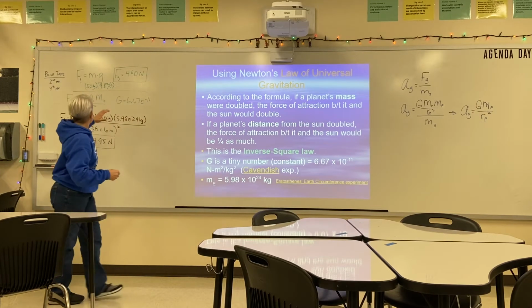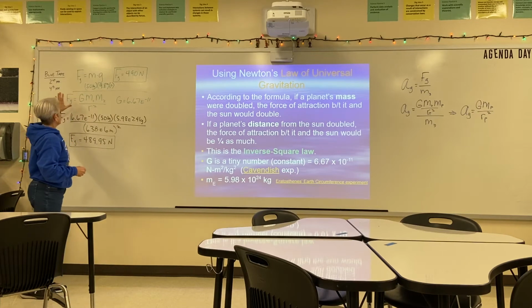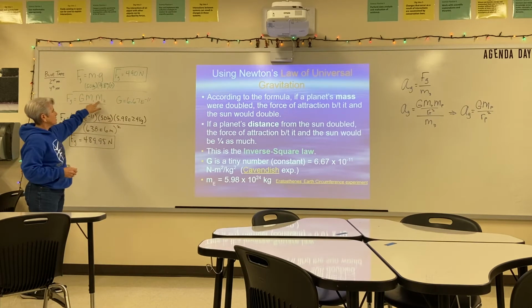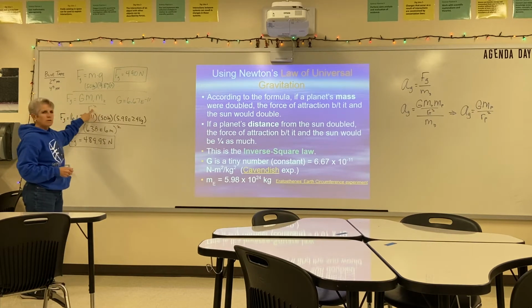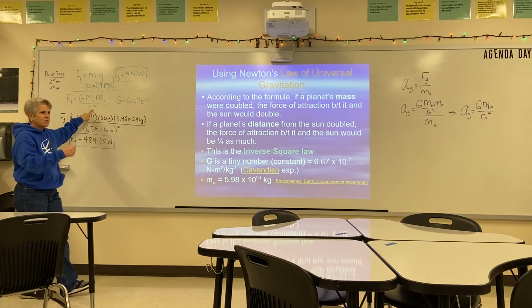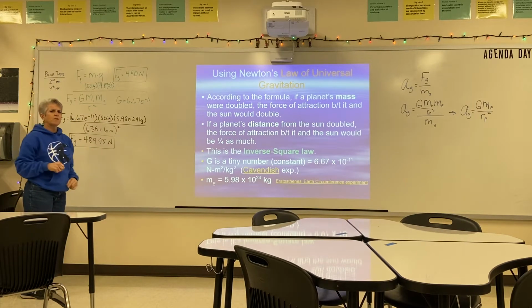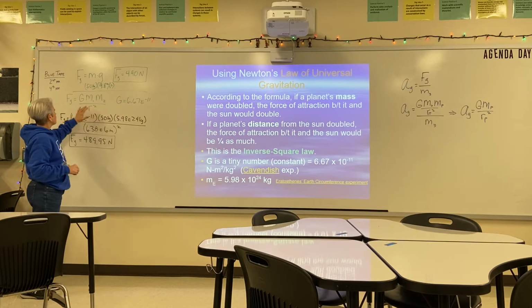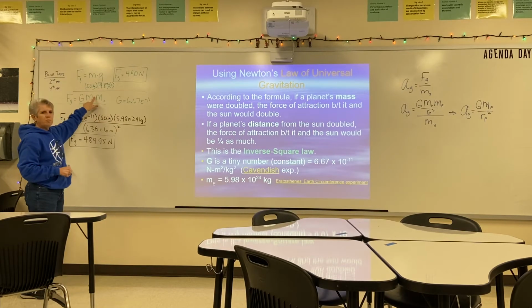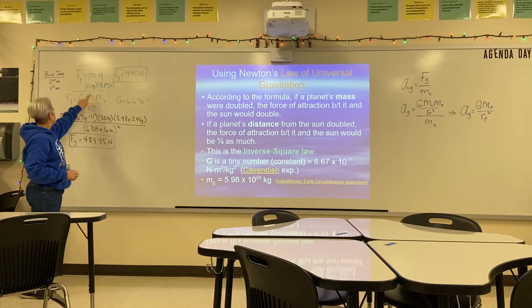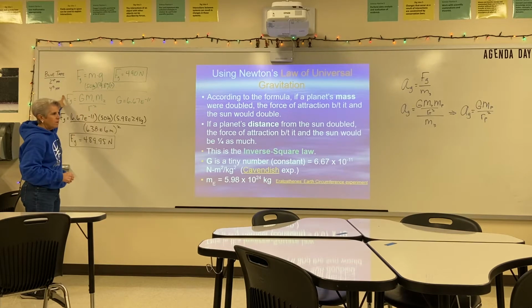In theory, what we're saying is, if we consider the force to be G times mass 1 times mass 2 divided by, we'll call this the radius, because the distance from Earth to us, from center to center, would be the Earth's radius. But R would be the distance from the center of one object to the center of another. So when we square that, if you were to put a 2 in front of mass 2, it would simply double the force.